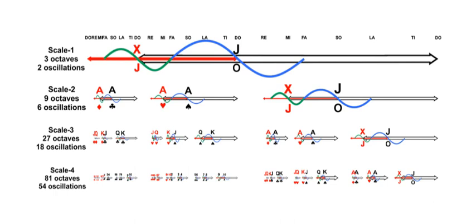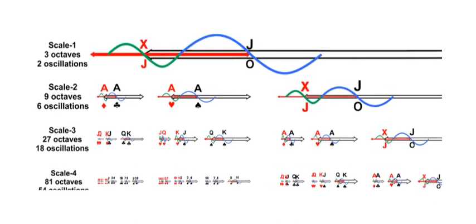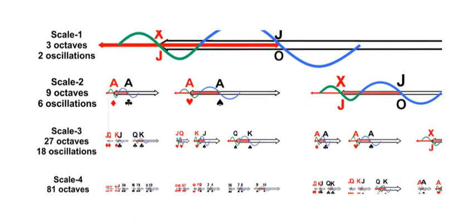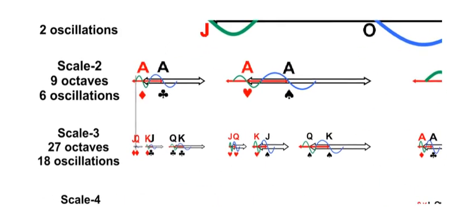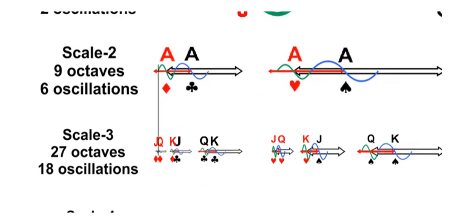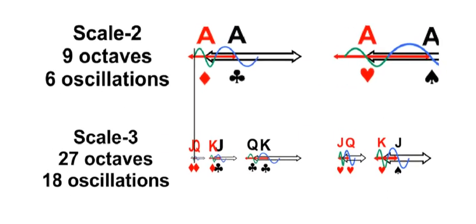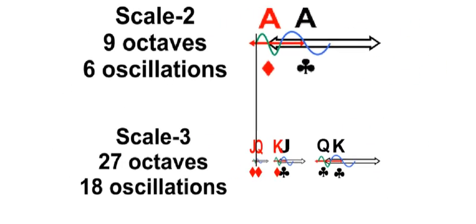Because this drawing locates the notes to scale by frequency, it's clear that the minor oscillation of the Jack of Diamonds in scale 3, representing the simplest, most automatic part of the instinctive center, is now shown as fully complete and functioning.